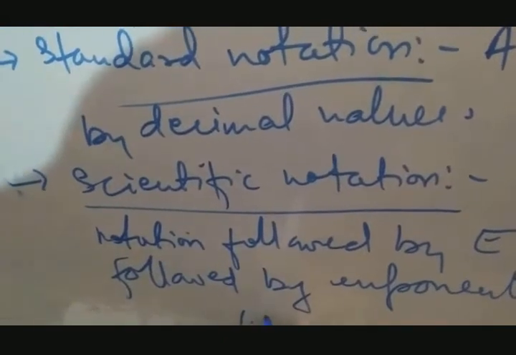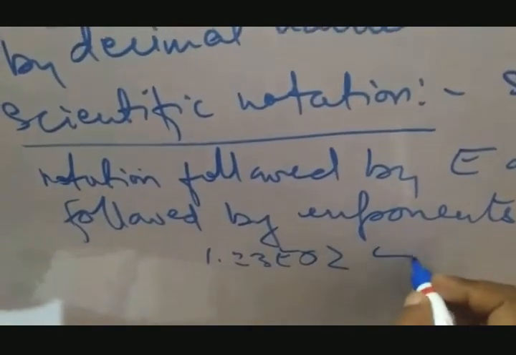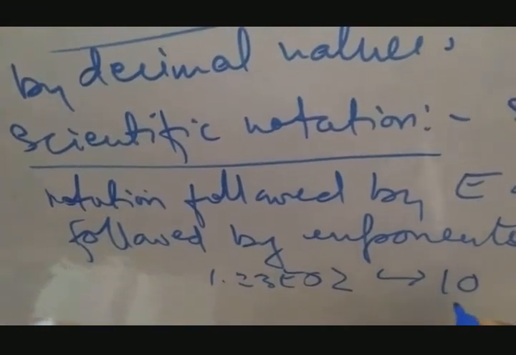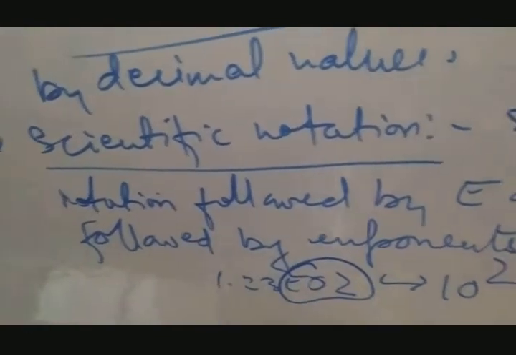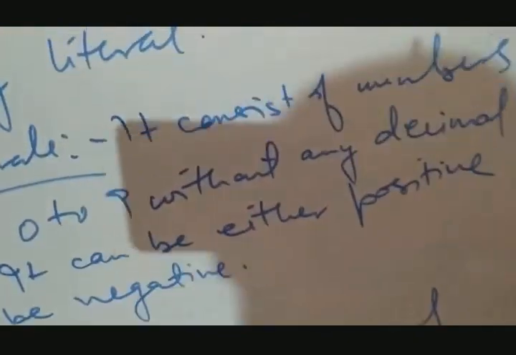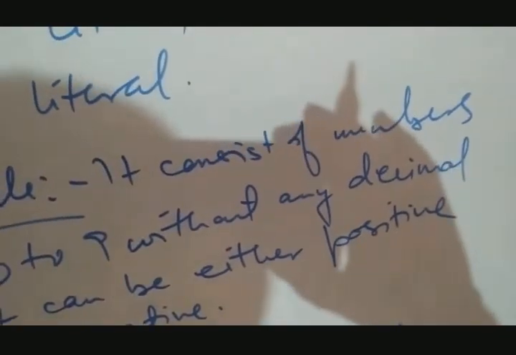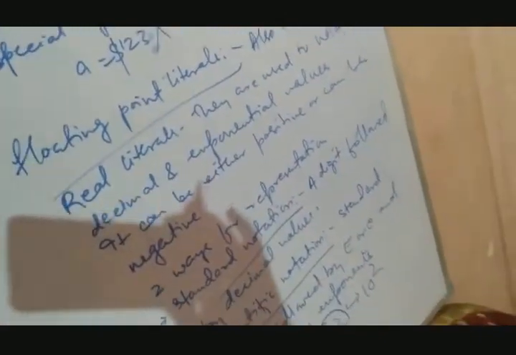Example: 1.23E02. Now, what is E here? E means 10 to the power 2. Instead of 10, E is written. When you play with calculators, sometimes when a large value comes, E is shown there, and we feel it's an error, but it's not an error. Rather, it's scientific notation.